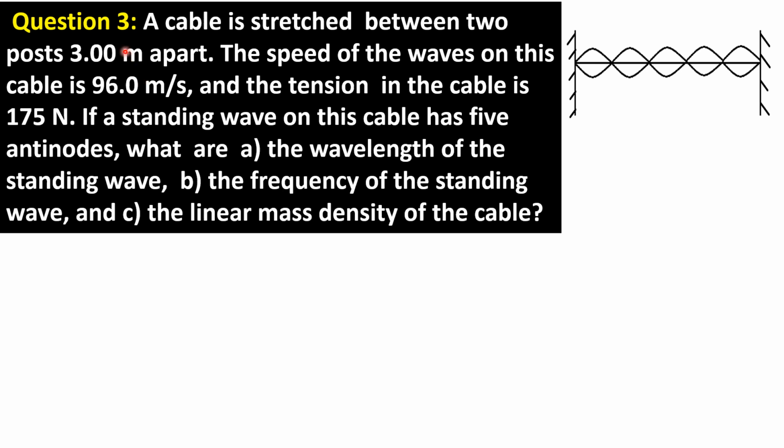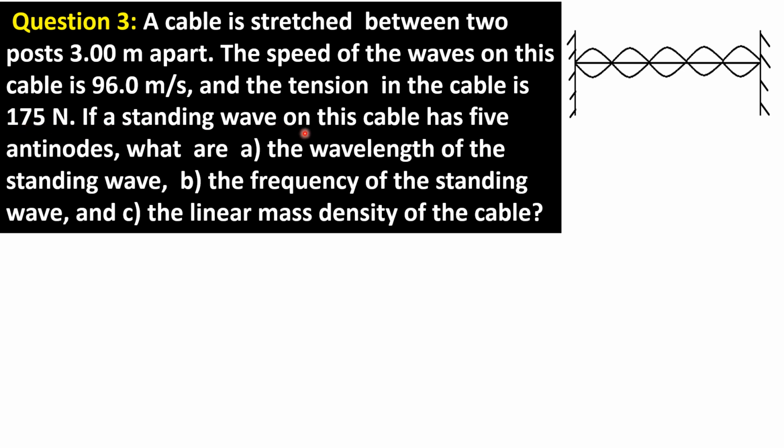Question number 3. A cable is stretched between two posts 3.00 meters apart as shown in this sketch. The speed of the wave on this cable is 96.0 meters per second and the tension in the cable is 175 newtons.